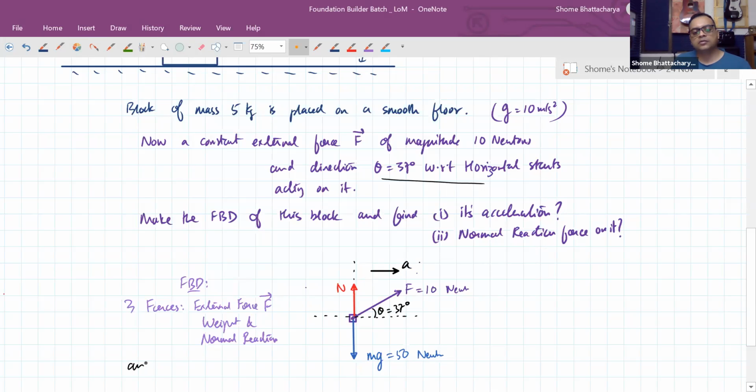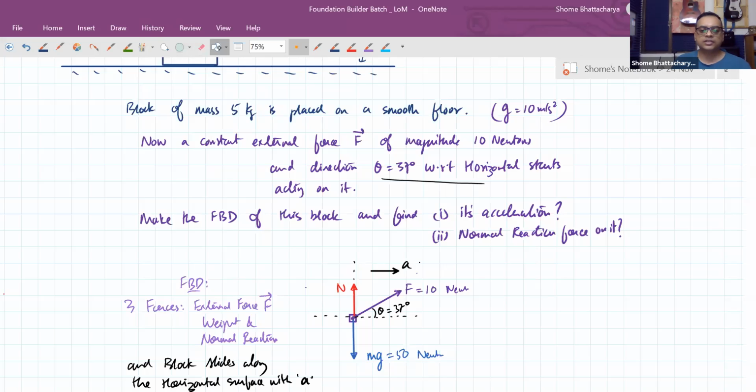And the block slides along the horizontal surface with acceleration a. Okay. Now, because my direction of acceleration is along the horizontal axis, how should I take my axis? I should take the horizontal direction as my x-axis, and I should take the vertical direction as my y-axis.